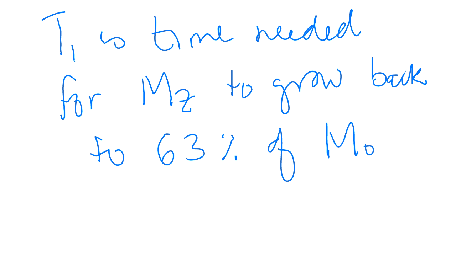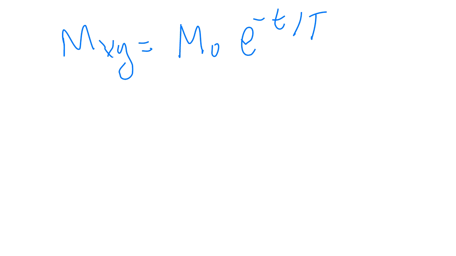You can do the same thing for the other one, for MXY. So MXY is equal to M0 e to the minus T over T2. So do the same thing, set T equal to T2.